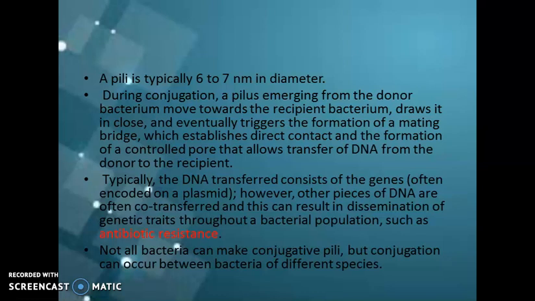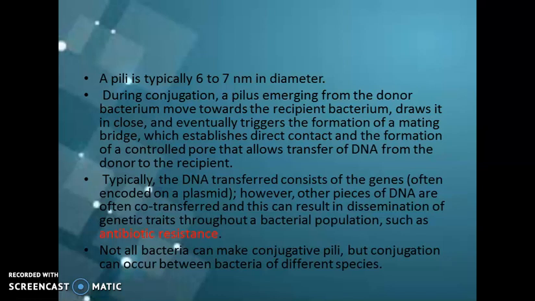That means it draws it close, and this eventually triggers the formation of a mating bridge between the donor bacterium and the recipient bacterium, which establishes a direct contact and the formation of a controlled pore which allows the transfer of DNA from the donor to the recipient. This is the process of conjugation, and it takes place with the help of this sex pili.